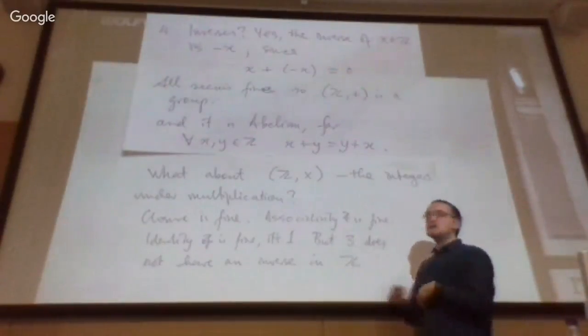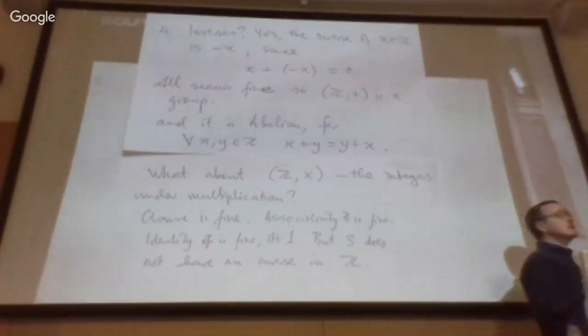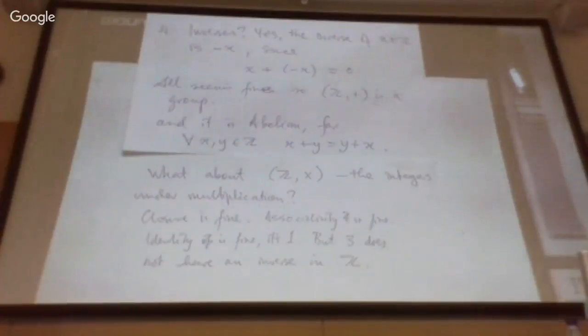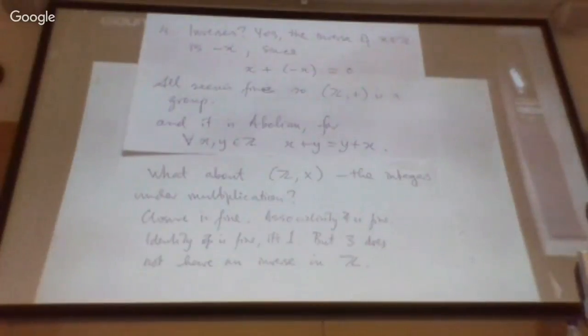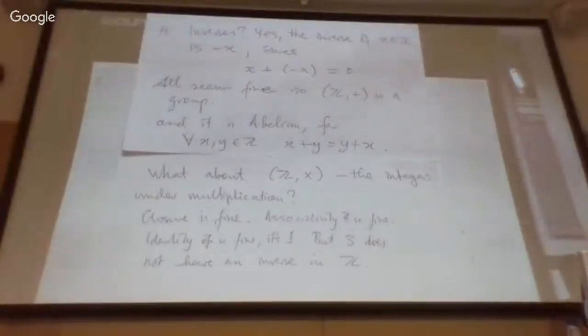So 3, and in fact any, well, there are special integers that do have inverses. What are they? Okay, one, did you say one? Yeah. So one has an inverse, which is itself, one.